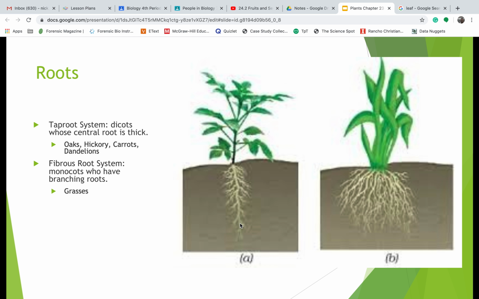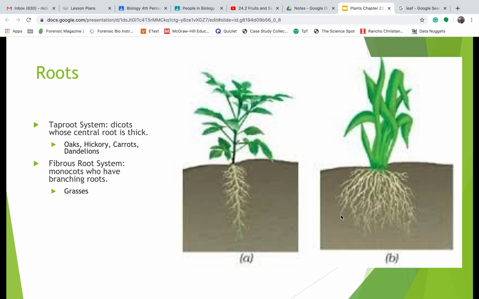You see this with somewhat larger plants, such as these oaks, hickories, and also weeds, right? Because weeds can grow just about everywhere, between cracks, things like that. So it's very good at finding water.